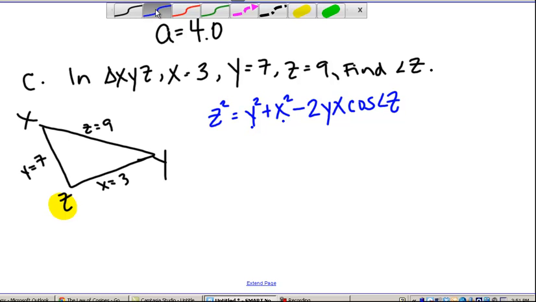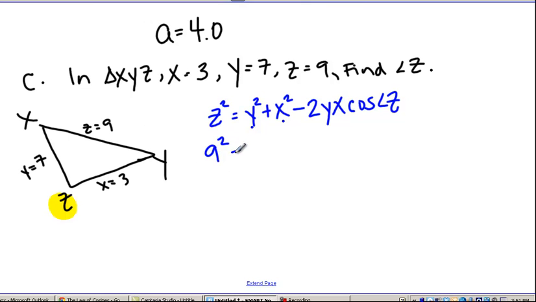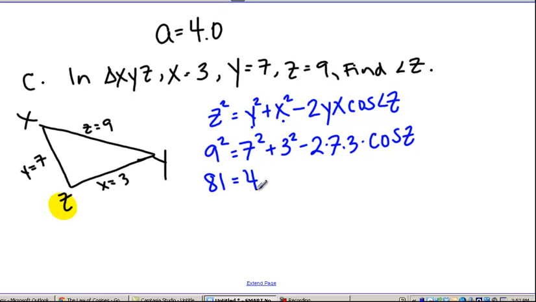Now we're just going to plug in the numbers we know. Again, you're just going to keep on solving. 2 times 7 times 3 is 42.